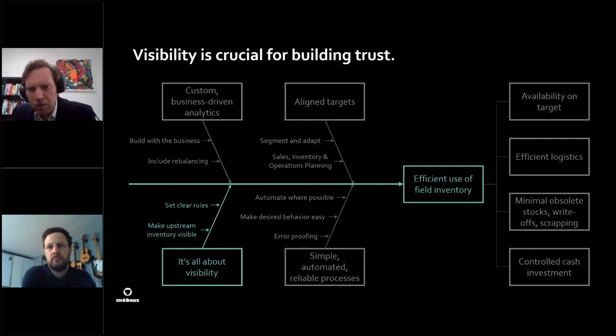Do I promise that inventories will be replenished within 24 hours, will be replenished every week, have a reliable and clear set of rules? Next to that, there is making upstream inventory visible. What can the field expect? In the logic of what you see is all there is, if I see that I have no inventory in my field location, I assume that there is no inventory, even if there might be inventory. As long as I don't see it, I don't believe it, right?